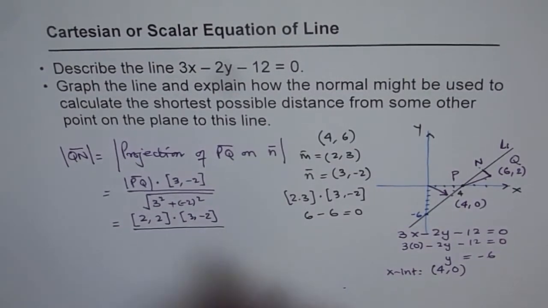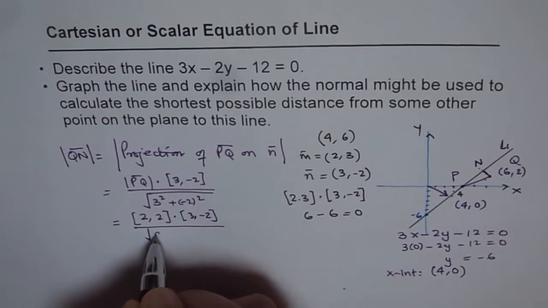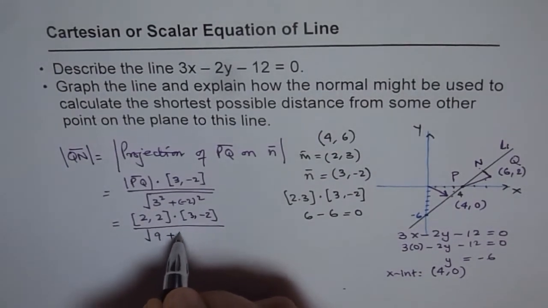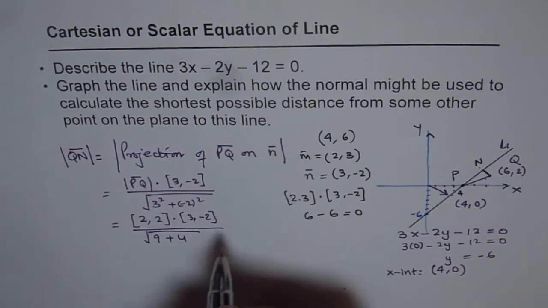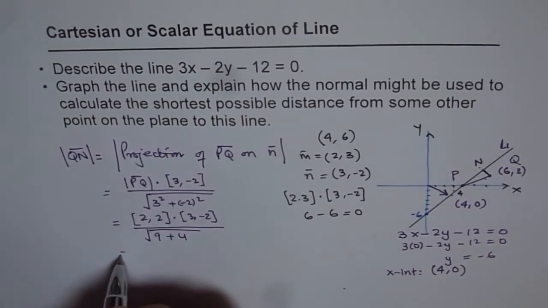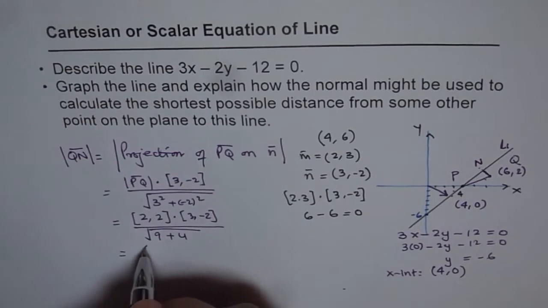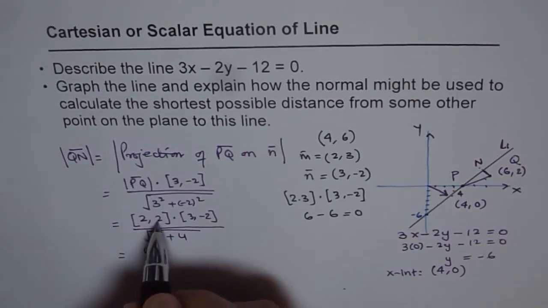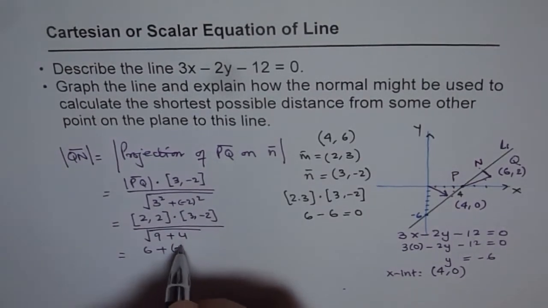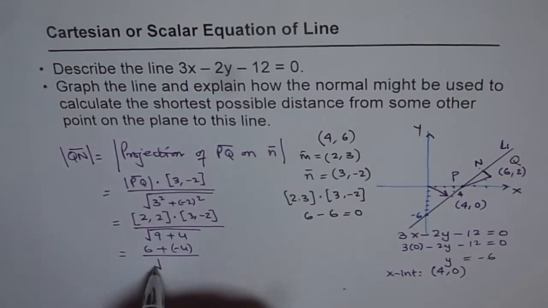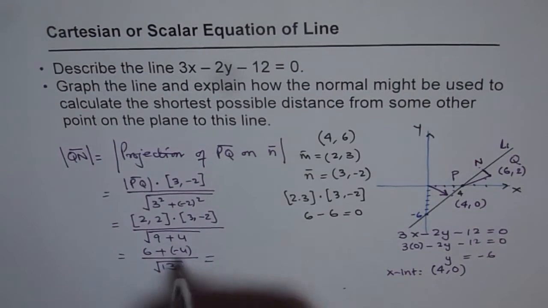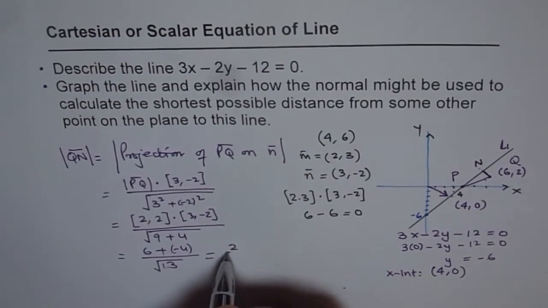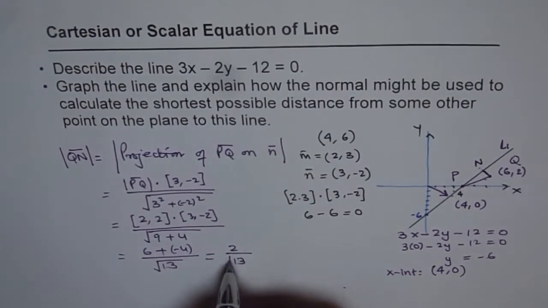Divided by 3 square, which is 9, plus (-2) square, which is 4. Do you see that? And now from here, we can get our answer. 2 times 3 is 6, plus 2 times -2 is -4, over the square root of 13. And that gives us the answer, which is 2 over the square root of 13.